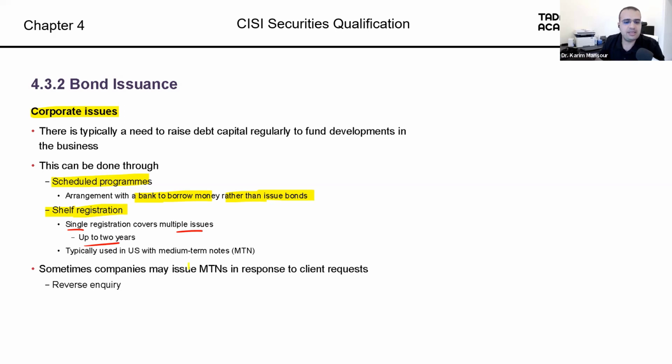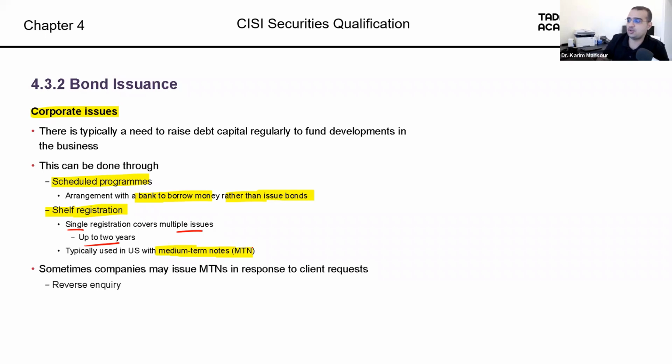This is usually called a medium-term note. A medium-term note is the name of the bond that is issued under a shelf registration. It has a big advantage, it saves a lot of time and a lot of money. And sometimes these companies do not issue all of the bonds at once.